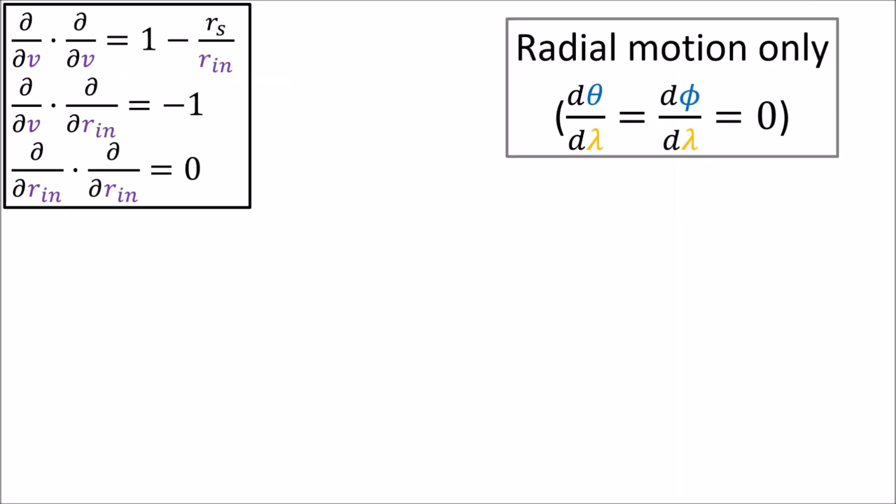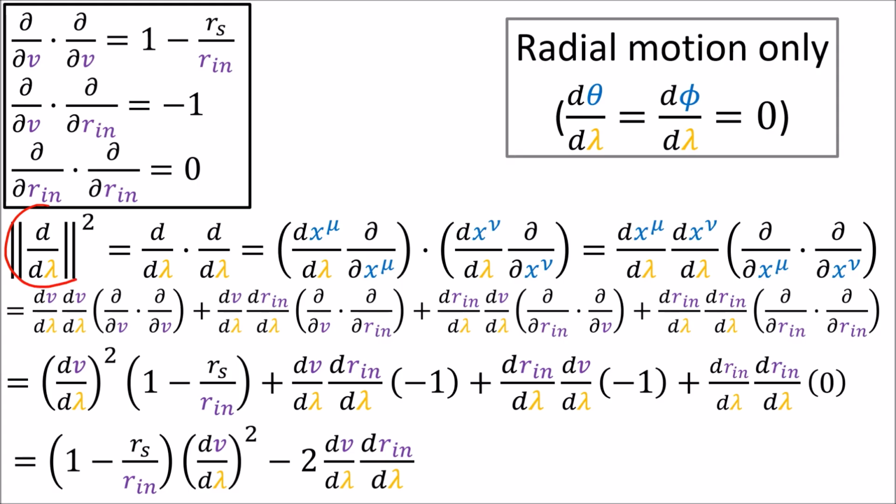If we were to take the squared length of a tangent vector d by d lambda, traveling in the radial direction, its length would be given by this formula, which contains a cross term with v and Rn because these directions are not orthogonal, and there is no Rn squared term because Rn is light-like with a squared length of 0.